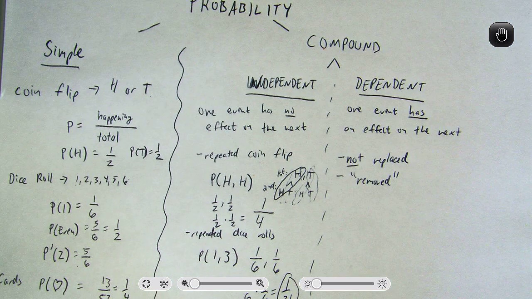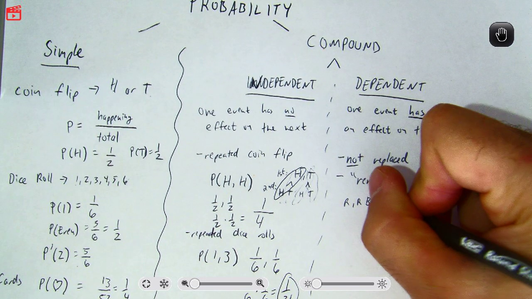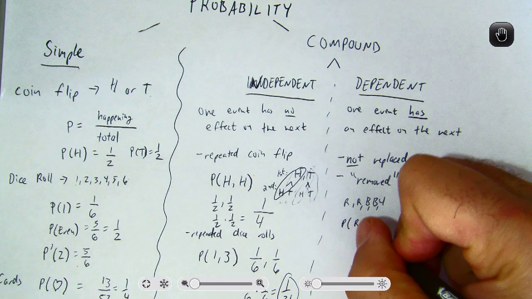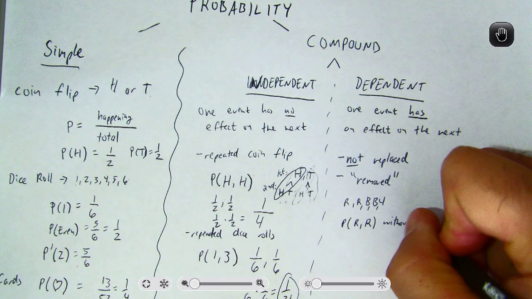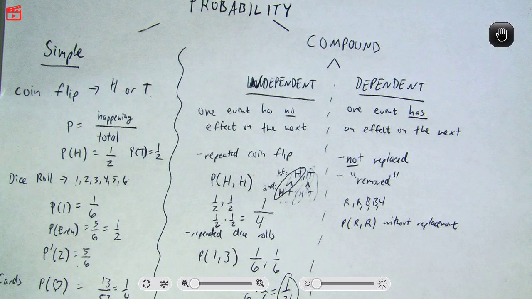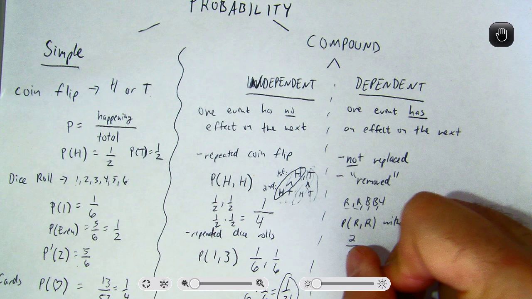So in that same marble example, if you had red, red, blue, blue, yellow, the probability of getting a red followed by another red without replacement, the chances were 2 out of 5 on the first pluck.